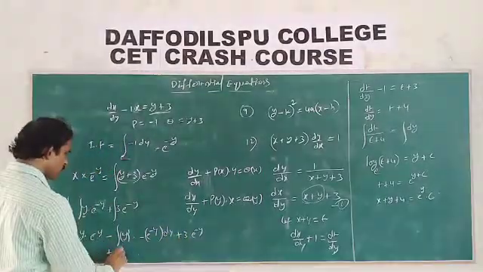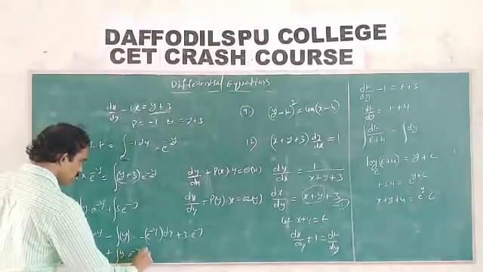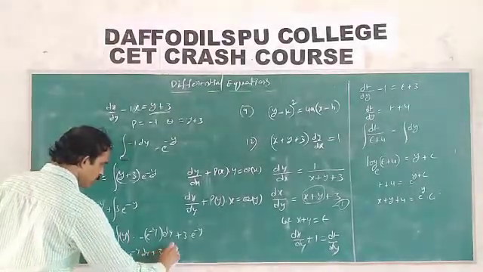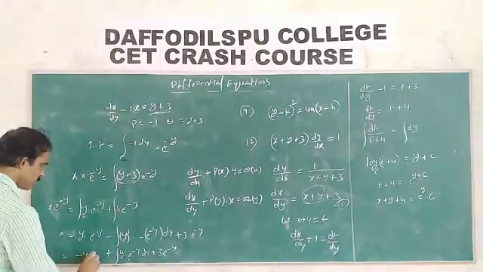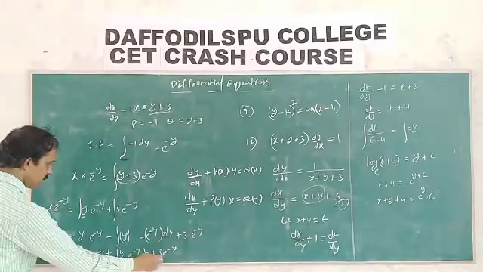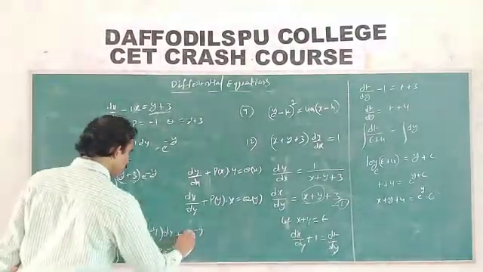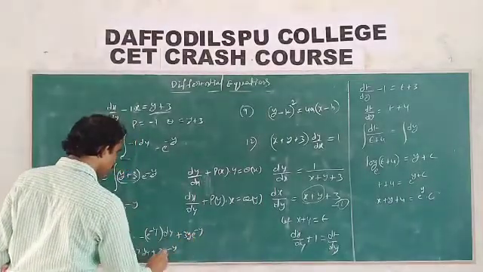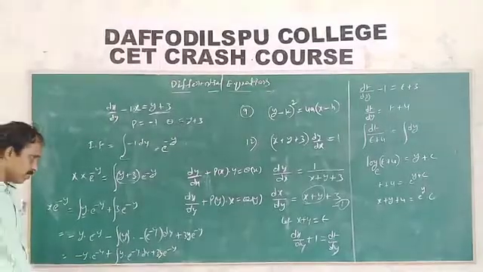Minus into minus is plus. So this is equal to minus y into e to the power minus y, plus 3 after removing the integration, 3 e to the power minus y.